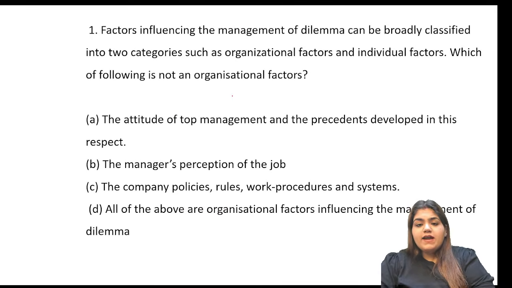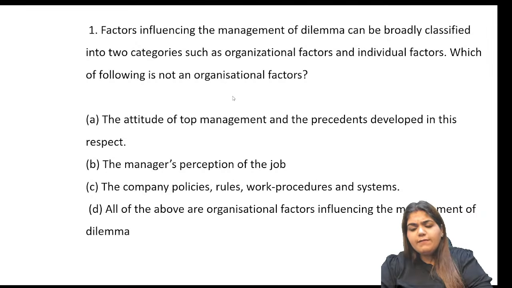Next, factors influencing the management of dilemma can be broadly classified into two categories. They are the manager's perspective of the job, which is not... Manager का क्या perspective है job का? Will that be a dilemma to anybody?